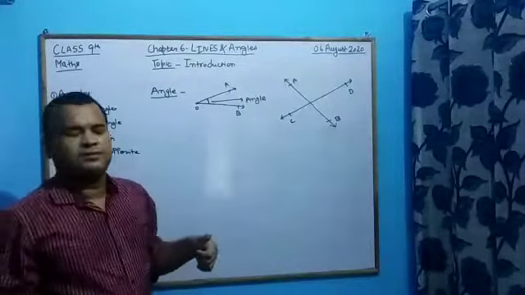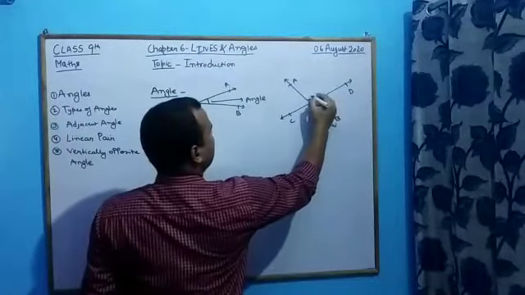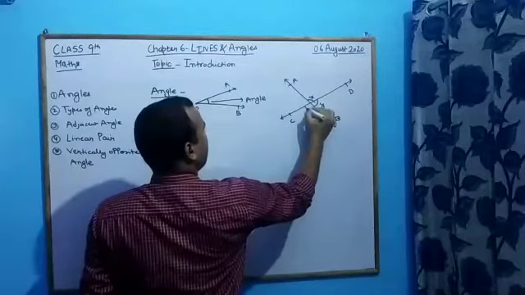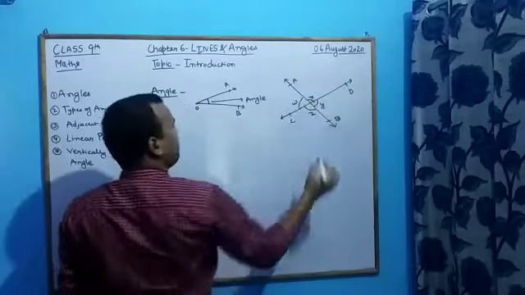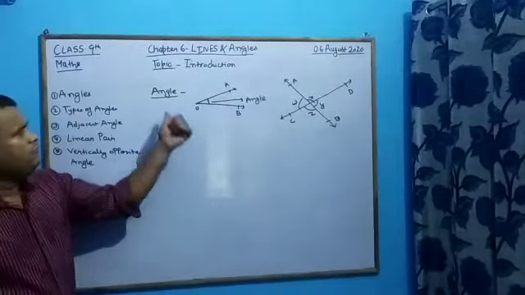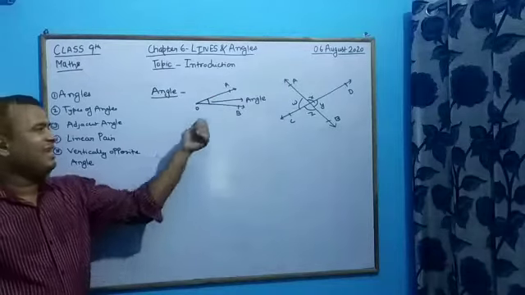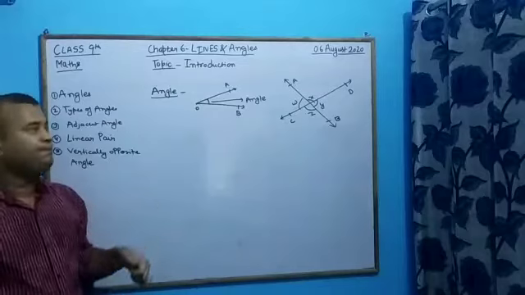Both cross each other, then they also make angles. Let this angle be X, this angle Y, this angle Z, this angle W, and so on. So what is an angle? When two rays meet, an angle is formed. When two lines meet, an angle is formed between them.